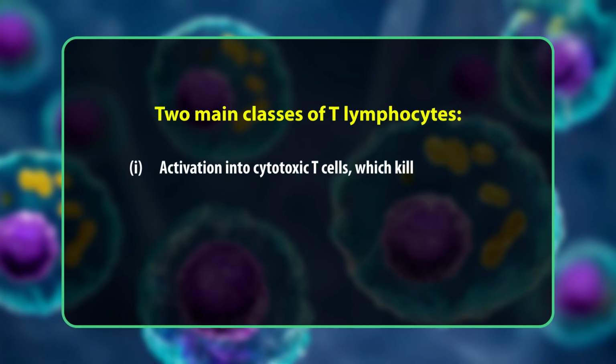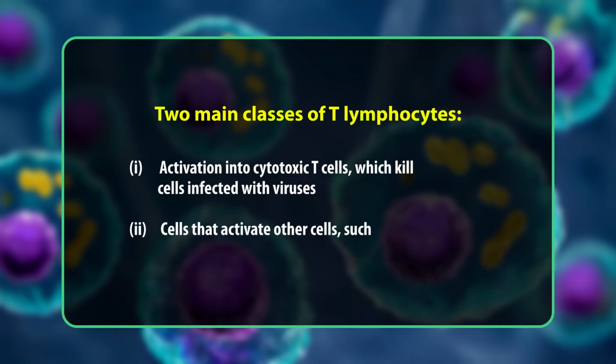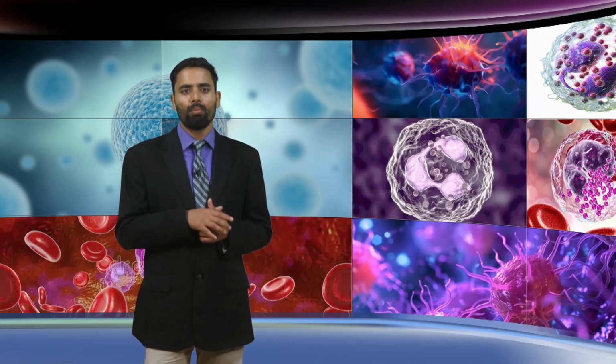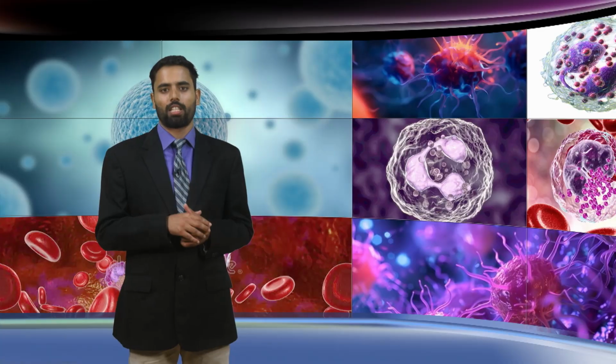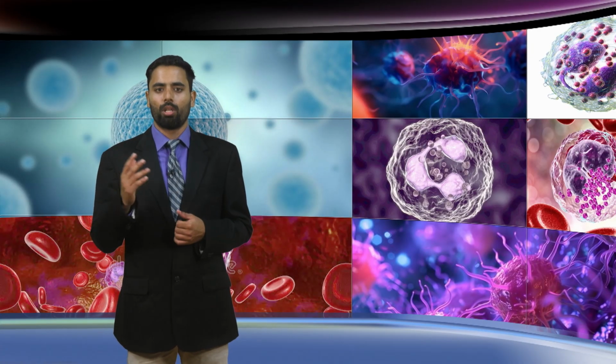One class differentiates on activation into cytotoxic T cells, which kill cells infected with viruses, whereas the second class of T cells differentiates into cells that activate other cells such as B cells and macrophages. Now, these adaptive immune cells such as B cells and T cells develop more specific responses and provide long-term immunity.